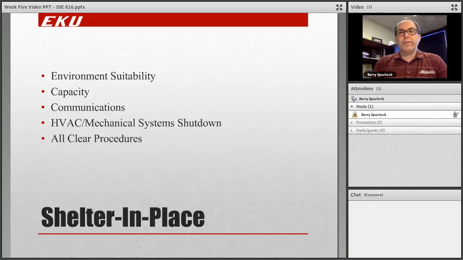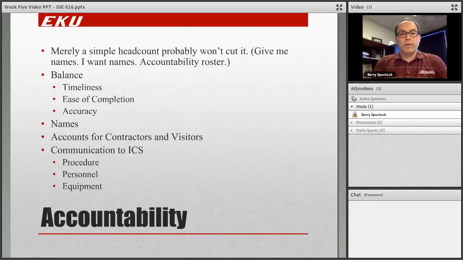And then we need to have clear procedures and authorities for when we will allow folks to leave the shelter-in-place area and re-enter the facility, or if there's been damage, or worse yet, there's a more of a community, larger scale situation. How might we leave out of the shelter-in-place area, and when will we know that it's okay to do that?